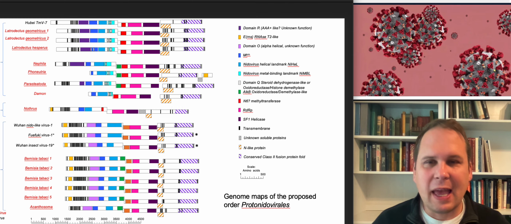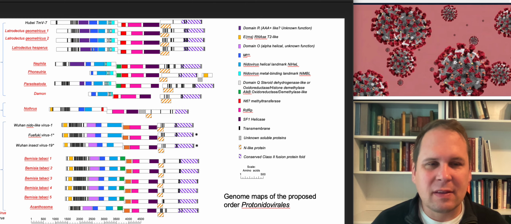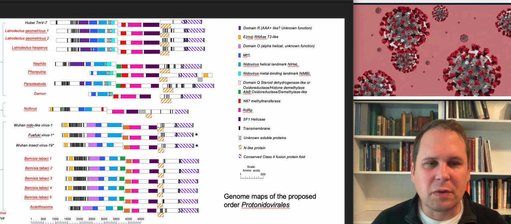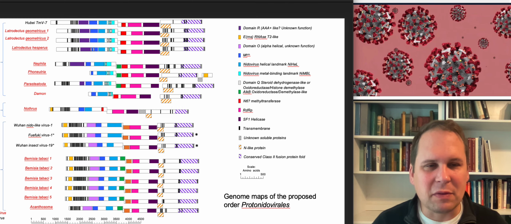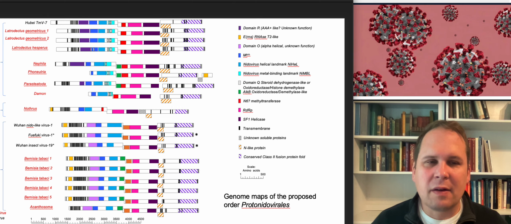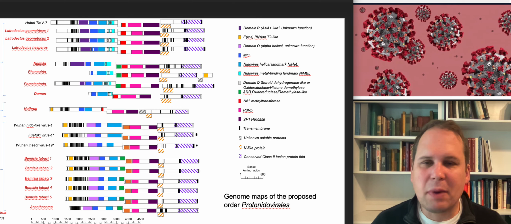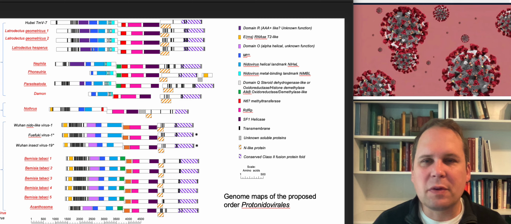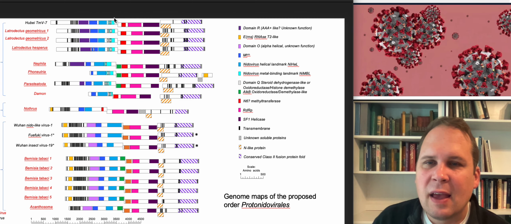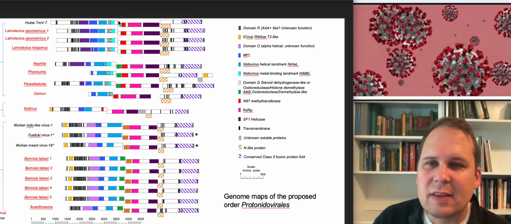So, if you look at coronaviruses, and if you find new coronaviruses or corona-like viruses, you see some interesting things. Shown here are the maps of the polyproteins of some coronavirus relatives. You can see they're all set up in roughly the same way.